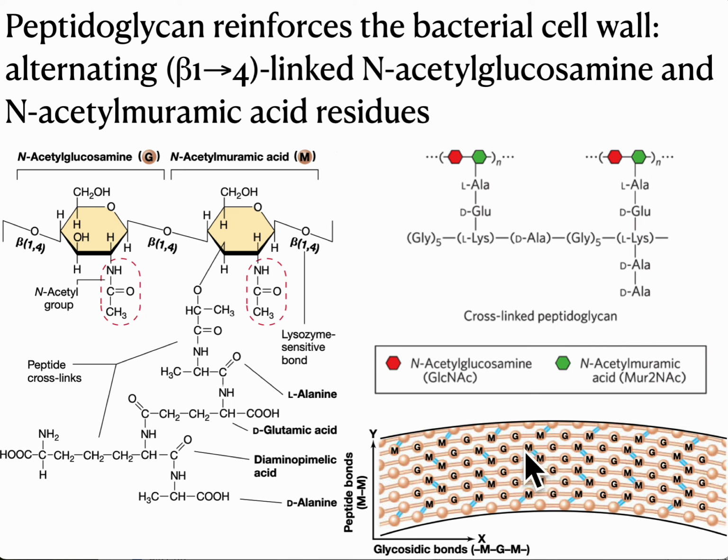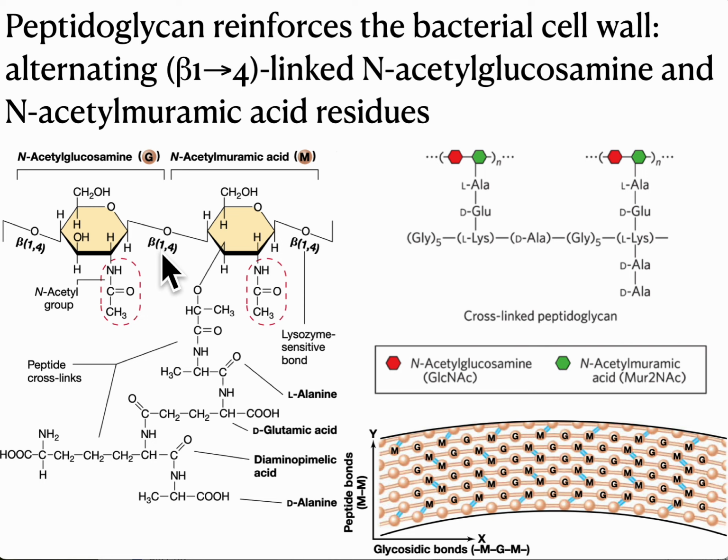And the glycosidic bonds confer strength on peptidoglycan in the X direction, whereas peptide bonds confer strength in the Y direction. The enzyme lysozyme kills bacteria by hydrolyzing the beta-1,4 glycosidic bond, so that is the bond between the N-acetylglucosamine and N-acetylmuramic acid.